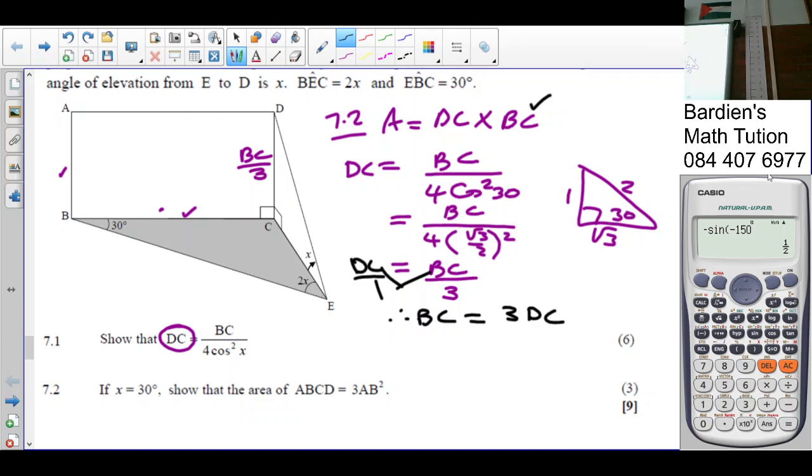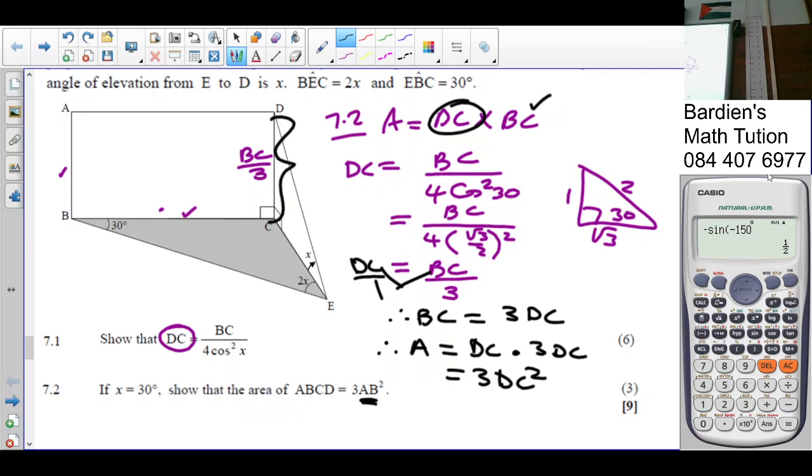Now the area is going to be DC times BC, which is 3DC, which gives you 3DC squared. But remember, they want AB squared. So DC is equal to AB.